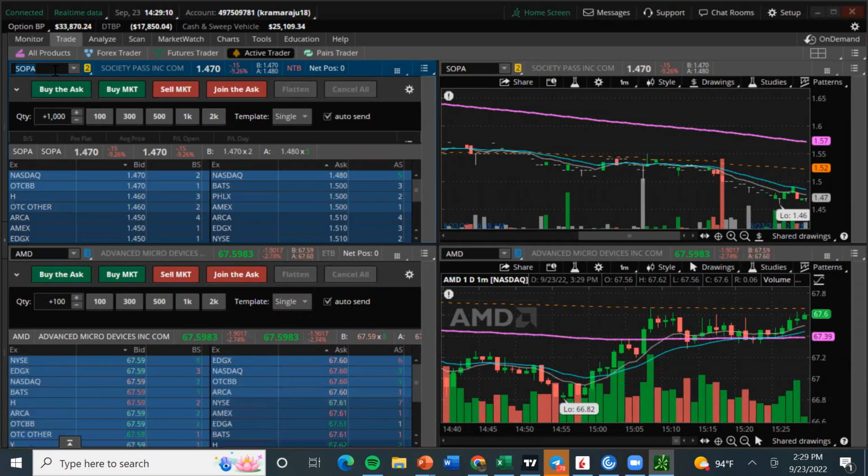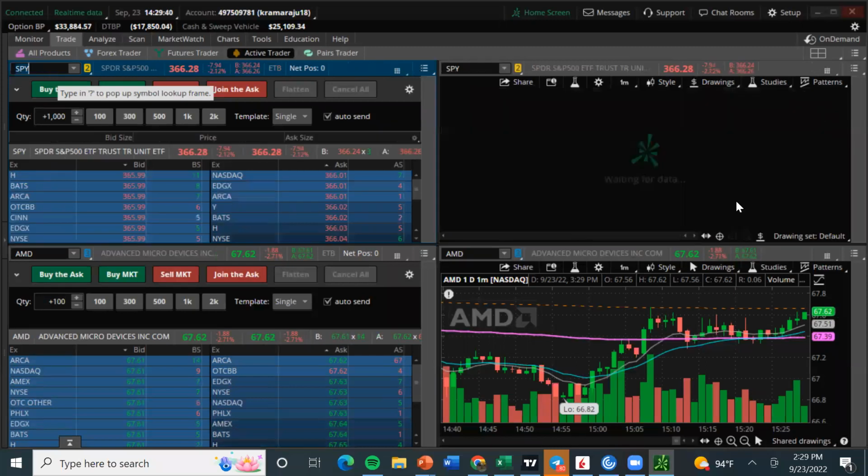BVN is also moving. Okay, let me take SPY itself, because I feel that SPY can move.